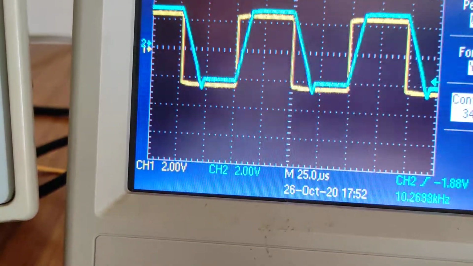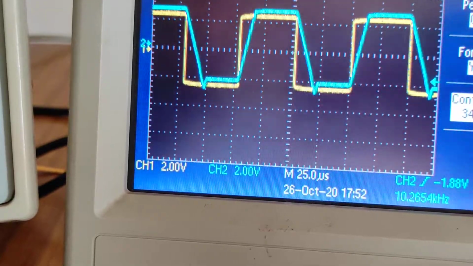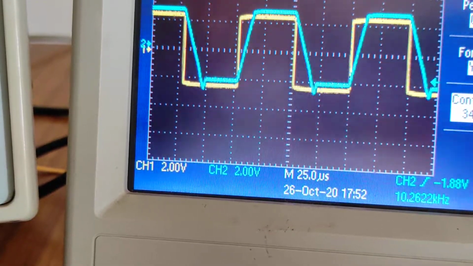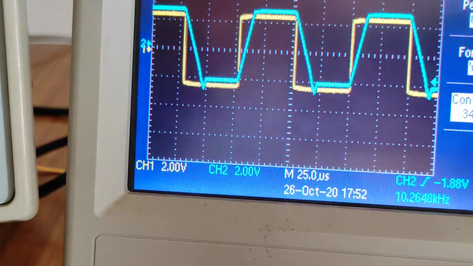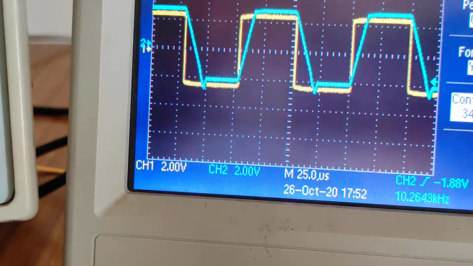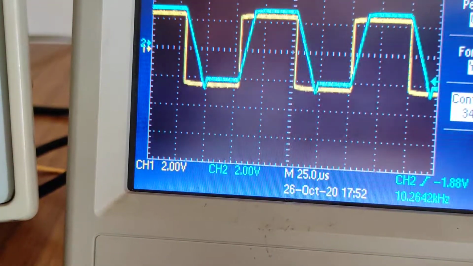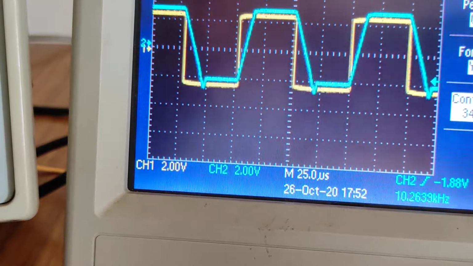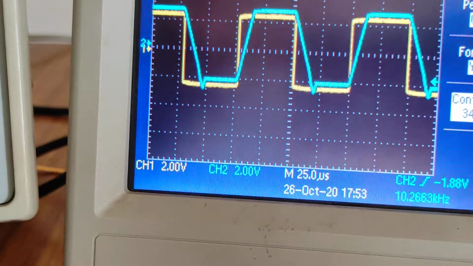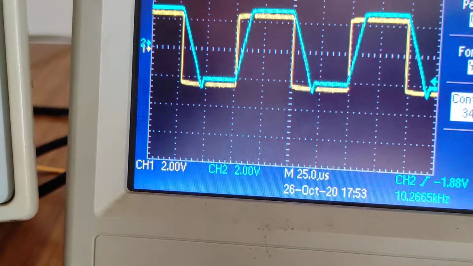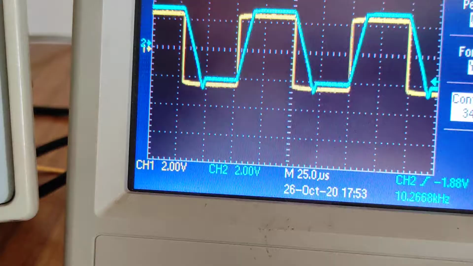So 25 into 4 gives 100 microsecond as the total time period of the input graph. Now the frequency is 1 by 100 microsecond, which is around 10 kilohertz, which has been given from here.